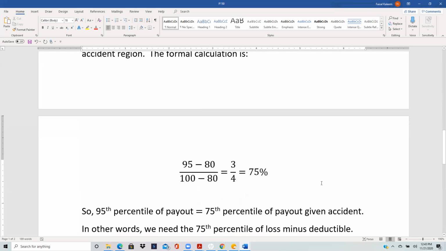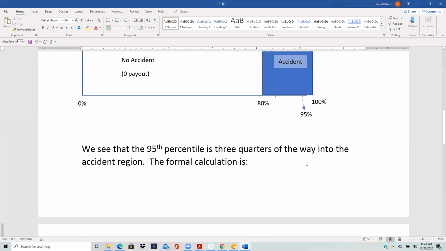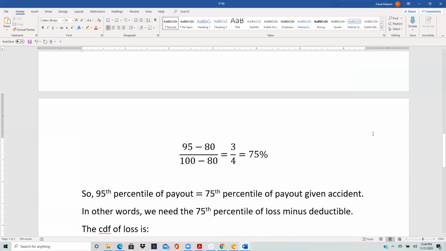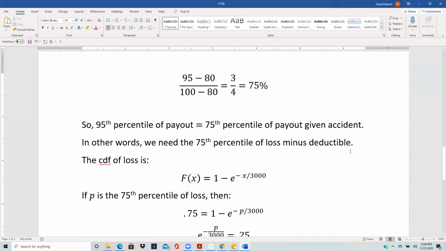So what that means is that the 95th percentile of the overall payout is actually the 75th percentile of the payout given that an accident happens. It's the 75th percentile of the accident region.